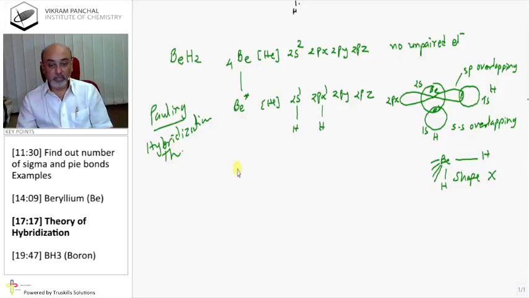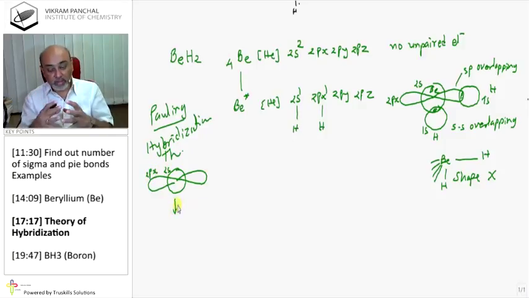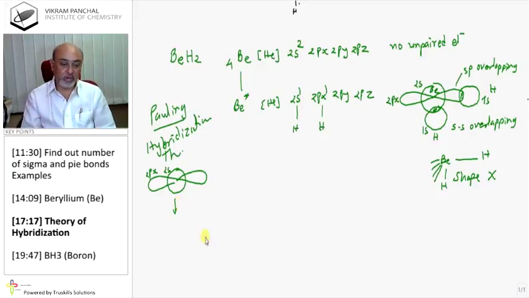According to the theory of hybridization, these two different orbitals of beryllium, one is 2s, another is 2px, mix with each other, overlap with each other, and produce new orbitals, a mixture of s and p, and they are known as hybrid orbitals.